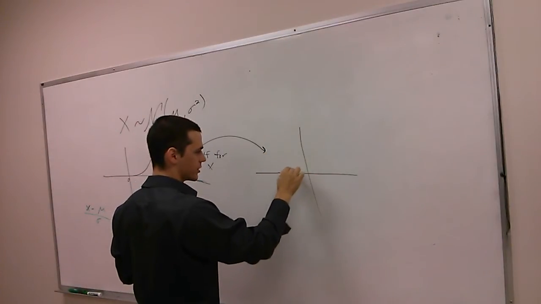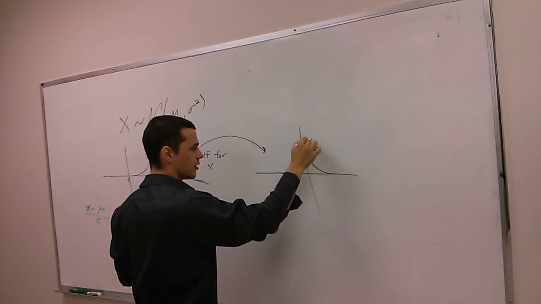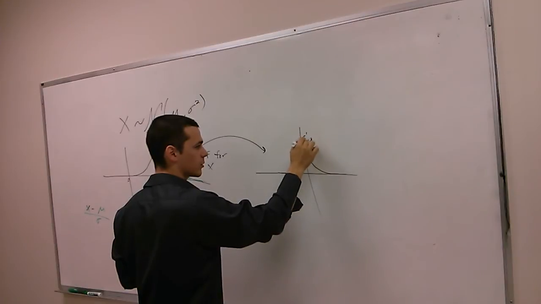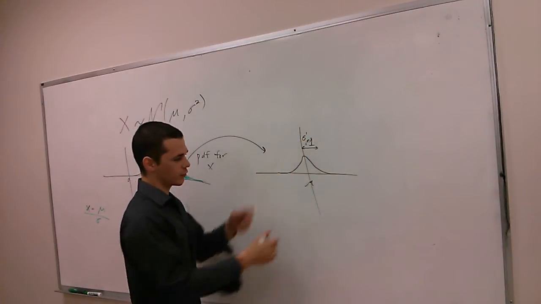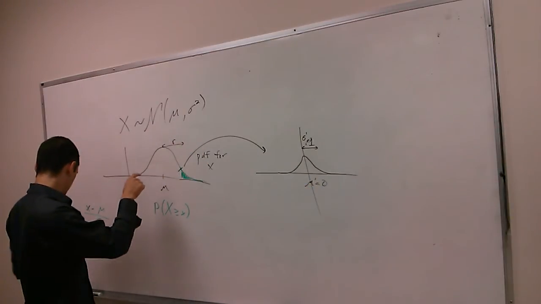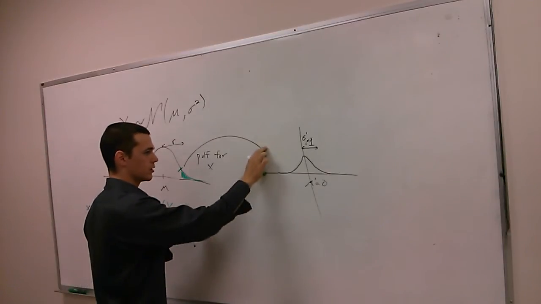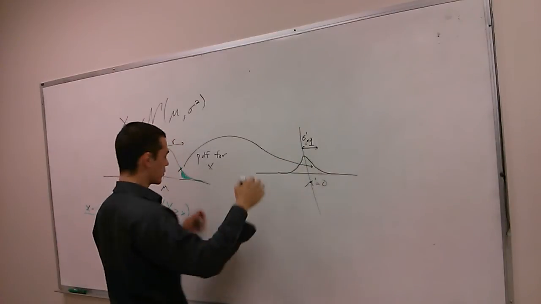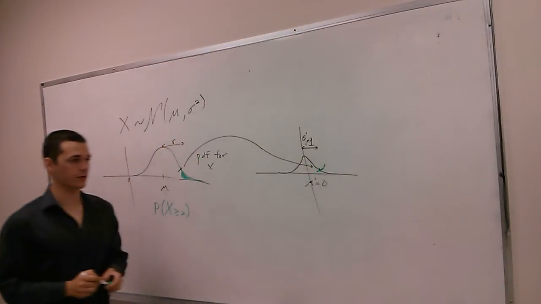So the standard normal is here. The standard normal has width 1, so sigma prime is 1. And the mean of this standard normal is 0, right? So a z-score maps a point here, let's draw this all the way, to the corresponding point on the standard normal.